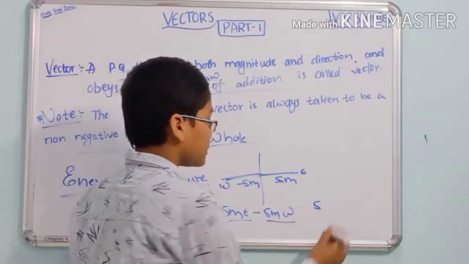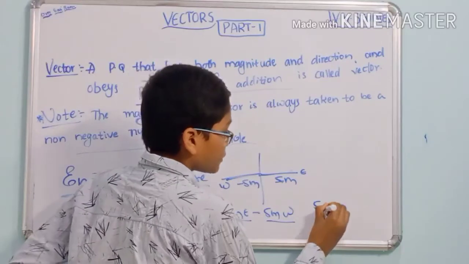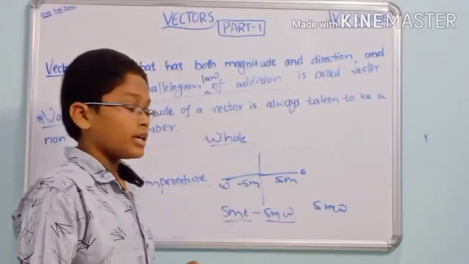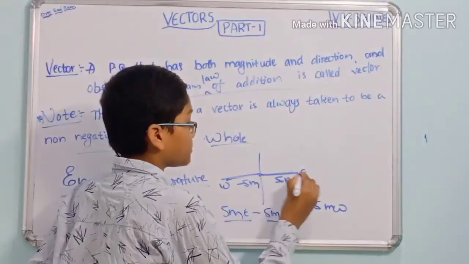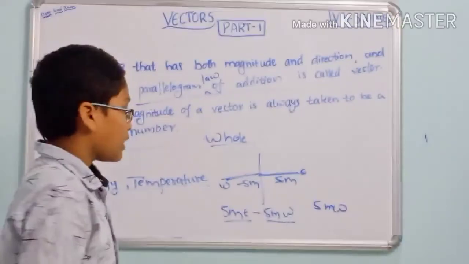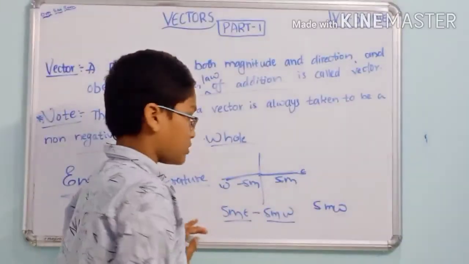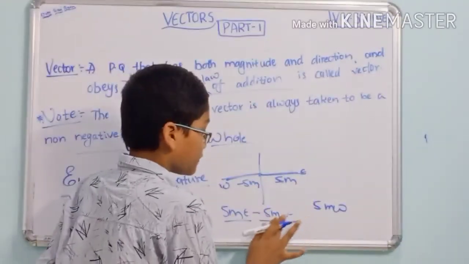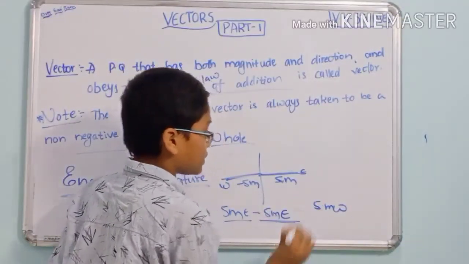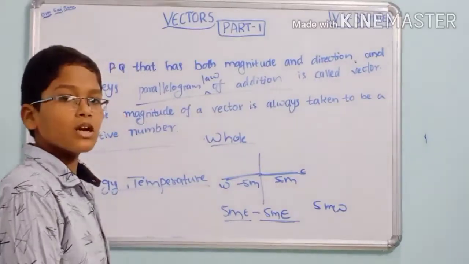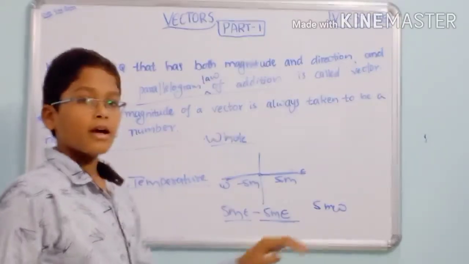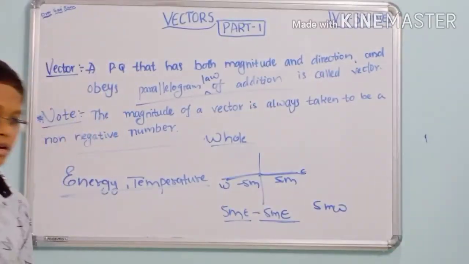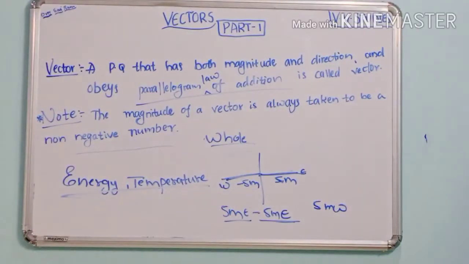The direction is west. 5 meters west we can take. But here I am taking east as positive. So, we can write minus 5 towards east. Minus of east means opposite, west. Understood here?